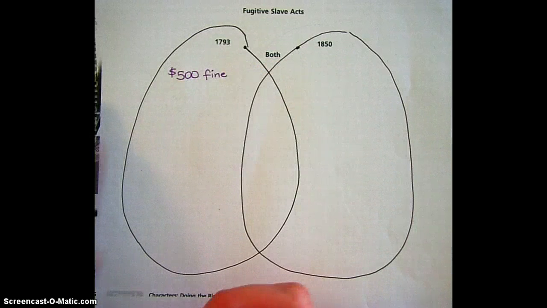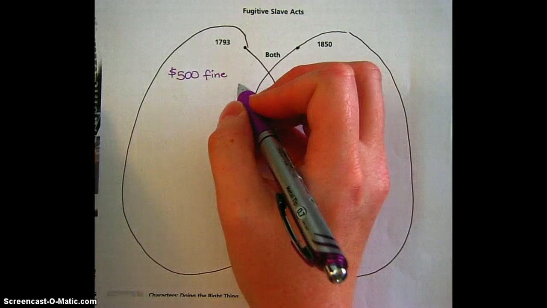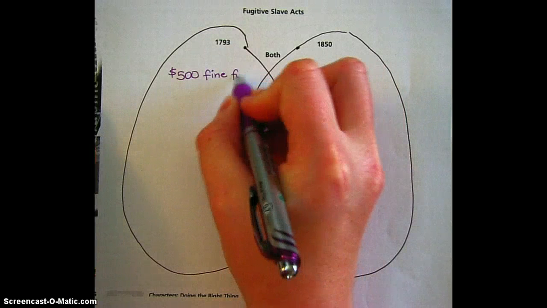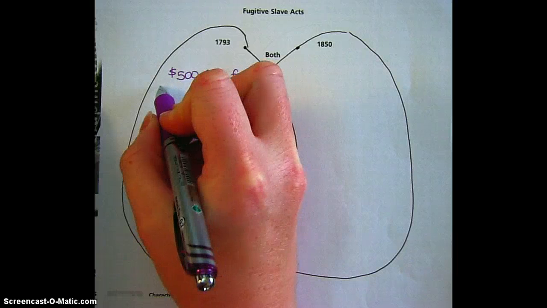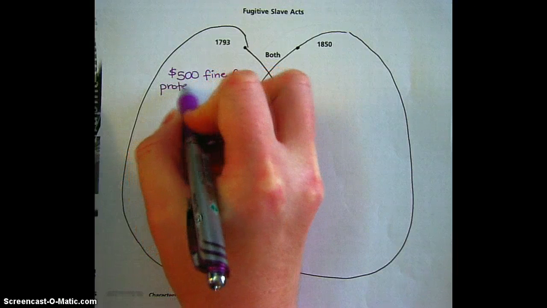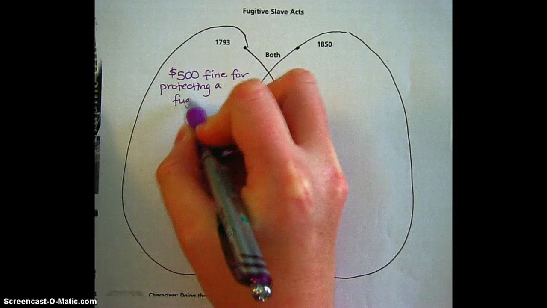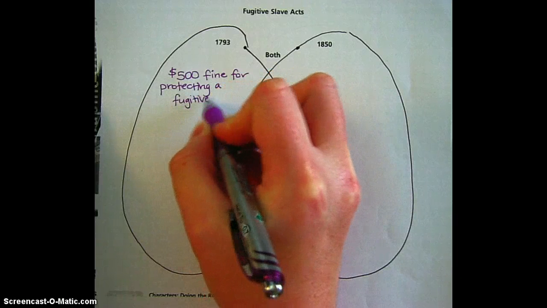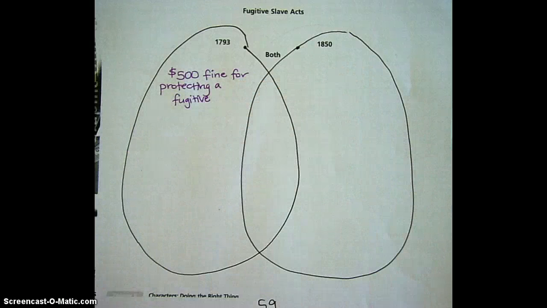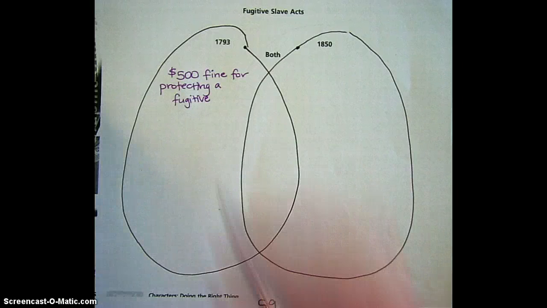So if you were protecting a fugitive, if you were protecting a runaway slave, you had to pay $500. Remember, a fugitive, a slave that leaves his or her owner, is considered a fugitive, someone who's running away.